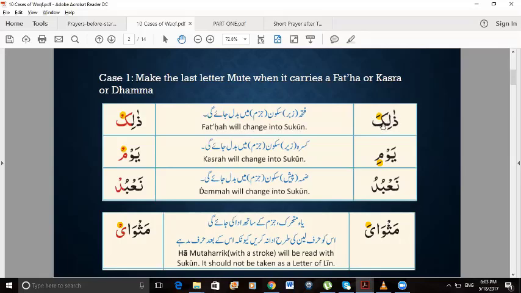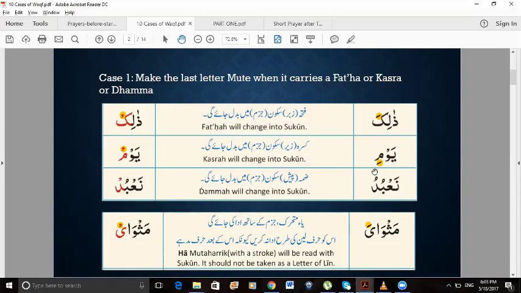So the fatha that you see on this kaf will change into a sukoon like you can see over here. So instead of reading it as dhalika, you would read it as dhalik. Okay, do you see the difference? Dhalika, dhalik.